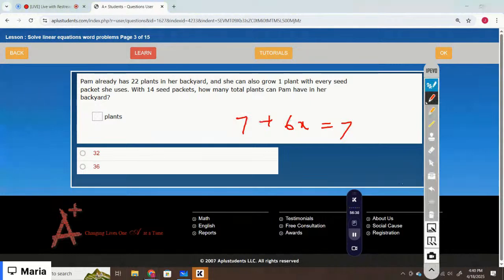And she can grow one plant with every seed packet she uses. So 22 plus 1 times 14. So 22 plus 14 is 36. Option number 2 is the correct option. That is 36.